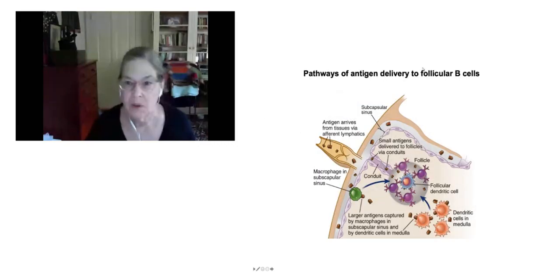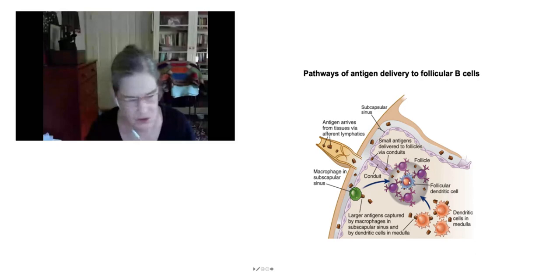So the way B cells see antigen is that antigen can come in of different sizes, either through these weird little conduits that go straight into the follicle, and follicular dendritic cells pick it up, or you can have these kind of macrophages that are just on the surface of the tissue of the lymph node.